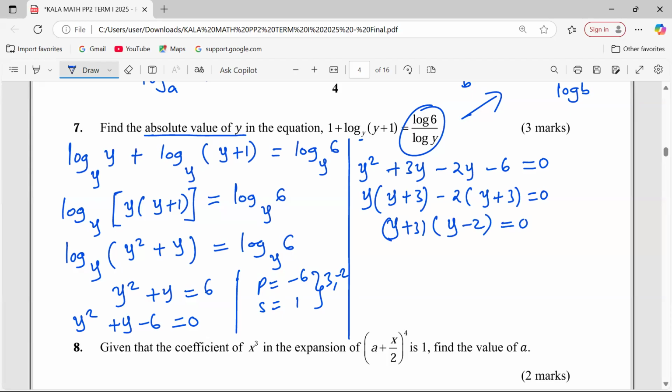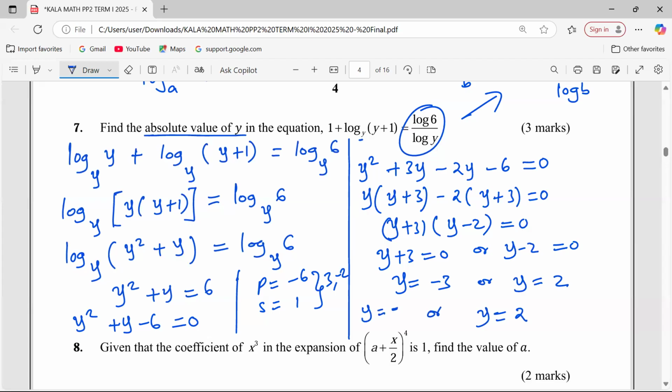With this, we can talk about y plus 3 equals 0, or y minus 2 equals 0. y equals negative 3, or y equals positive 2. So we needed the absolute value: 2, or y equals negative 3, we just make it a 3.